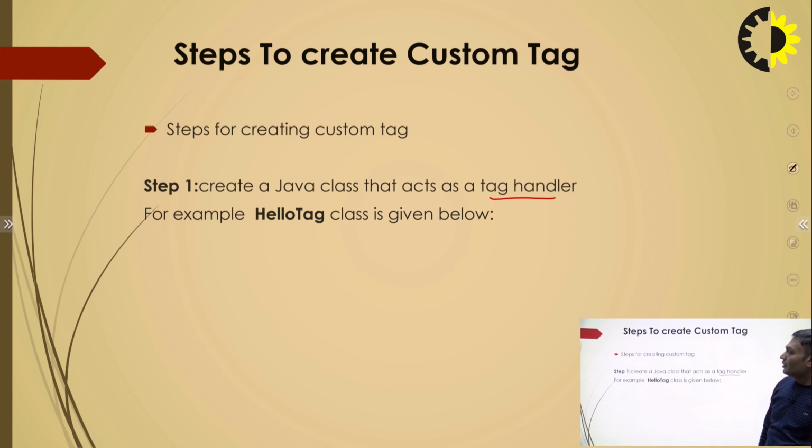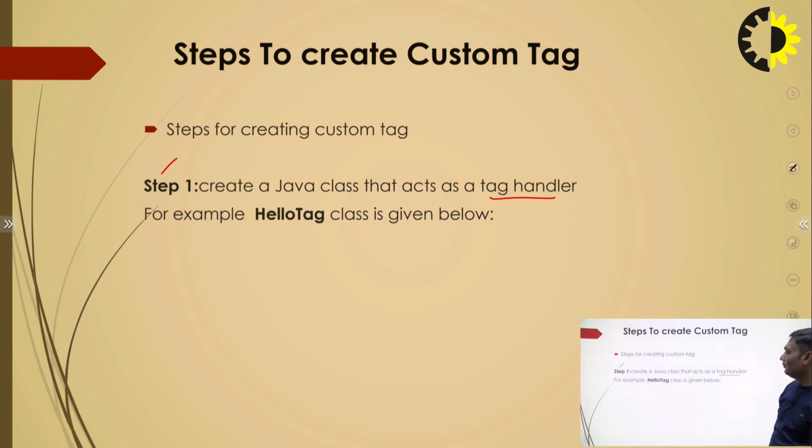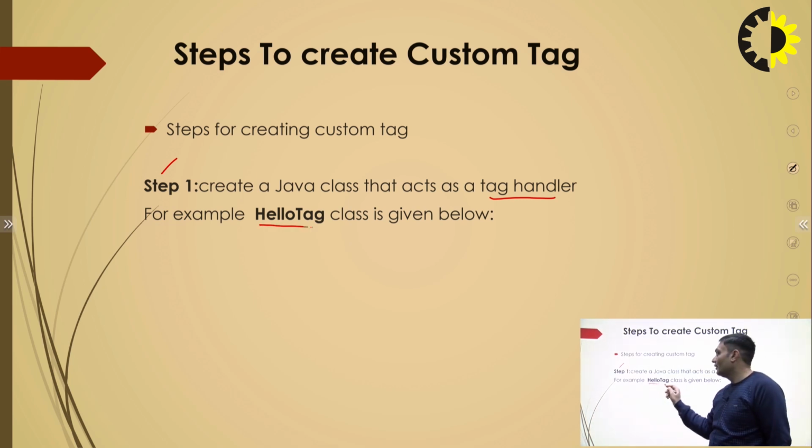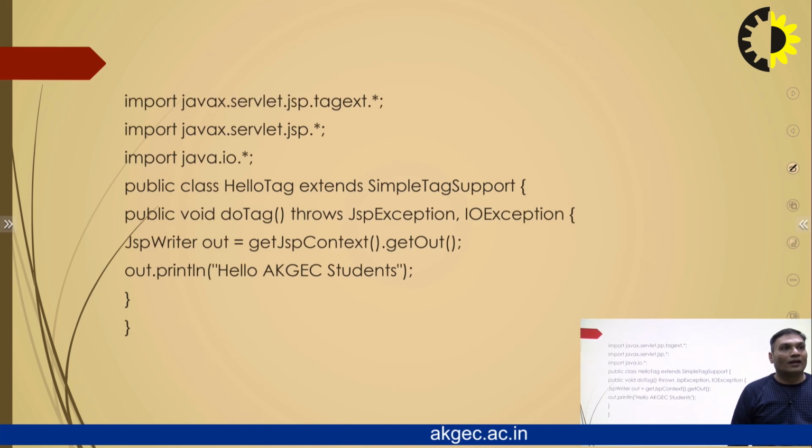So first step is to create the tag handler. For example, if my tag handler name is HelloTag, first I need to make a HelloTag class, and HelloTag class is written like this.